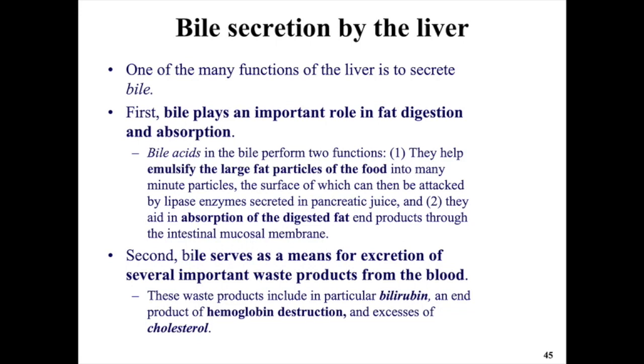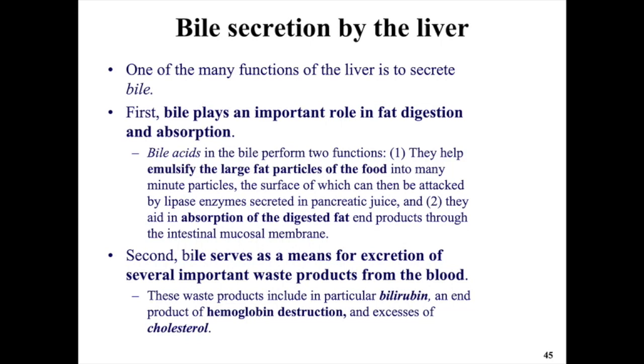So the bile plays a very important aspect in fat digestion and absorption, but is also a means of excretion. So the bile is produced by the hepatocytes and will contain substances that the body wants to excrete and substances that will help with digestion.